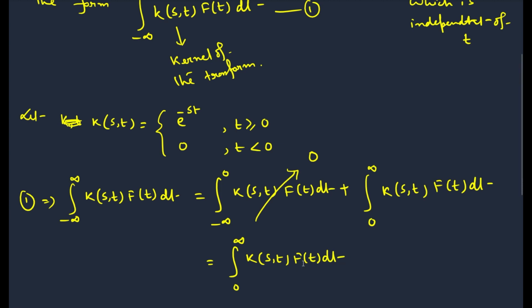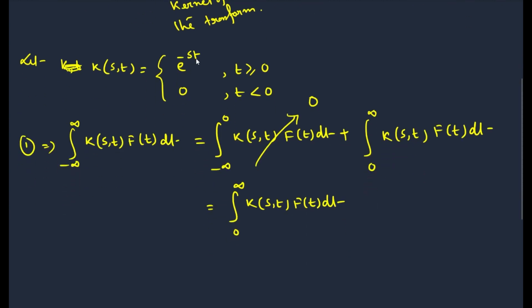Now what is k of s comma t? We suppose that for t greater than 0, meaning from 0 to infinity, it will always be e to the power minus st. So now it becomes the integral from 0 to infinity of e to the power minus st, f of t dt. This particular integral is called Laplace transformation.